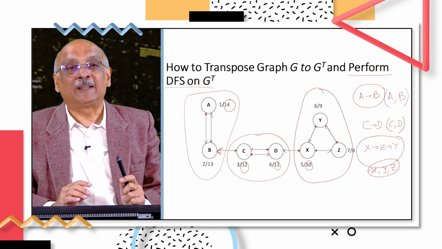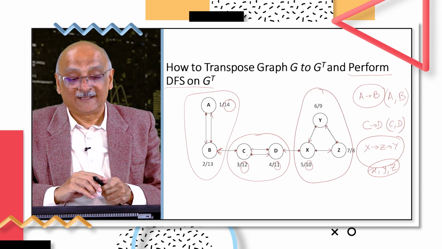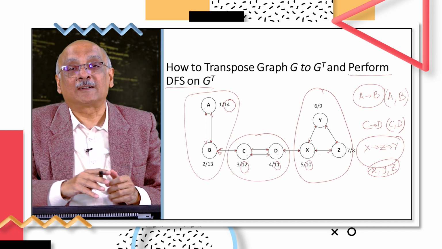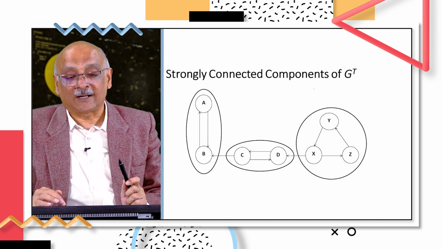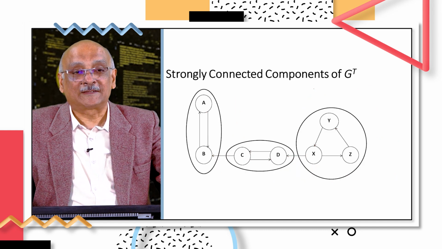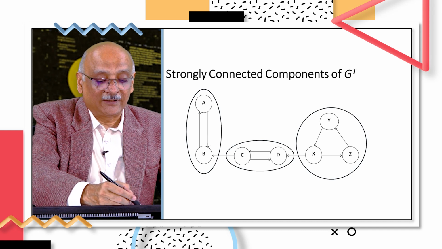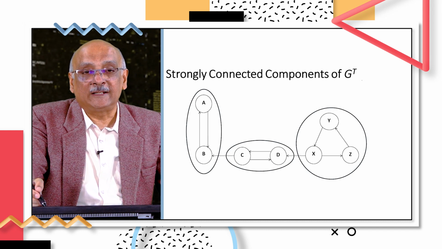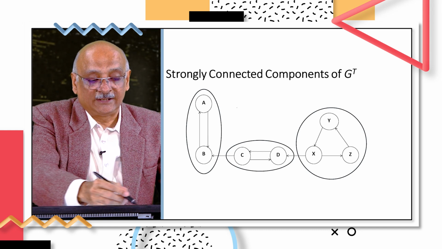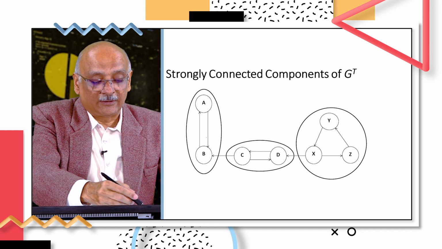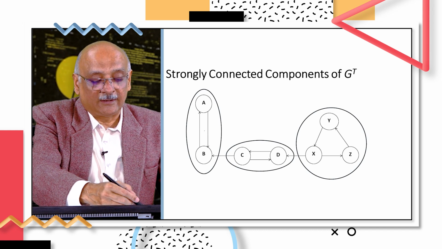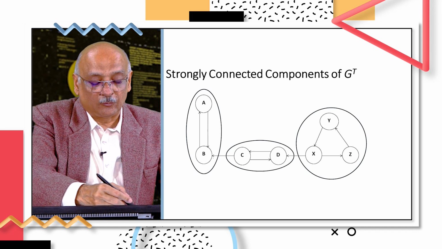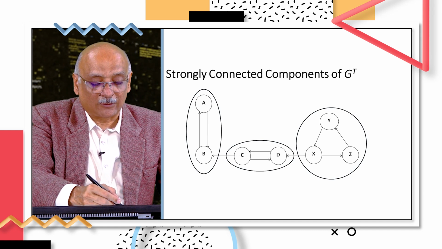If you remember the original diagram, this is exactly what we had marked. These are the reversed links of GT. These links may be slightly different to what we had earlier, but that does not matter.